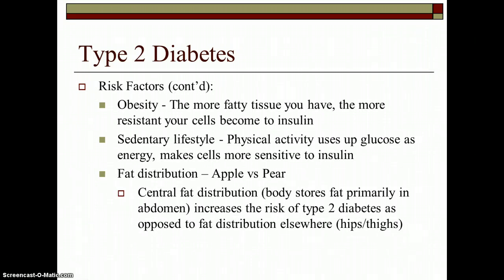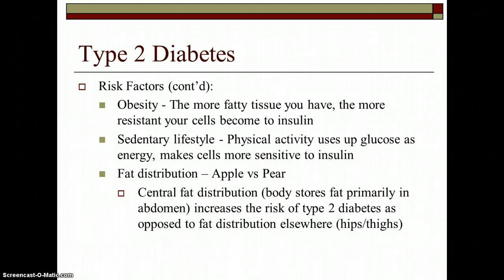So, risk factors: with obesity, the more fatty tissue you have, the more resistant your cells become to insulin. You then also have a resistance the more sedentary you are. So if we're not using our glucose as energy during physical activities, our cells don't become sensitive like they should to the insulin within our body, and the sedentary lifestyle is going to lead to more of those receptor sites not working.